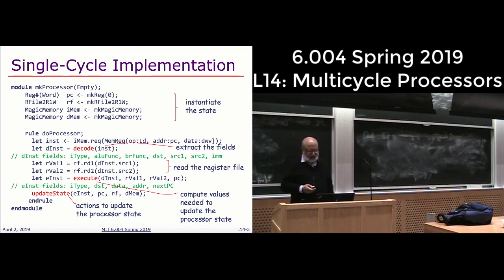Okay, actions to update the processor state. So notice in this, nothing else is an action. Until now you're just reading the instruction, decoding it, reading the register file, doing the execution, but it's only this function that actually goes and updates the state of the memory. Okay, so this is the most important thing.